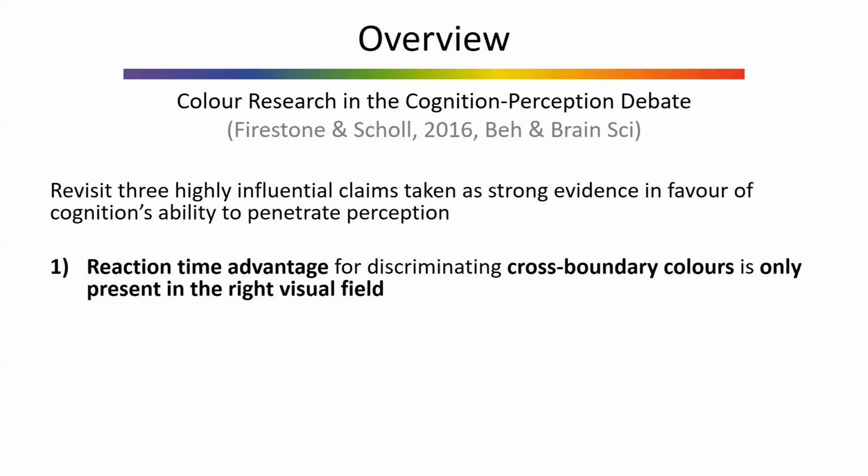So these studies basically use a visual search paradigm and show that not in the left, but only in the right visual field, you are faster across the boundary. And obviously the right visual field would be processed in the left hemisphere, allowing claims to be made about the primacy of language, in fact, as the modulating factor.